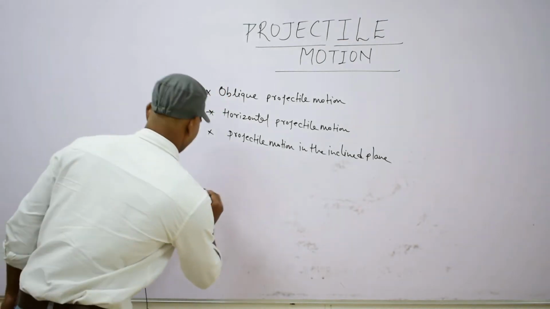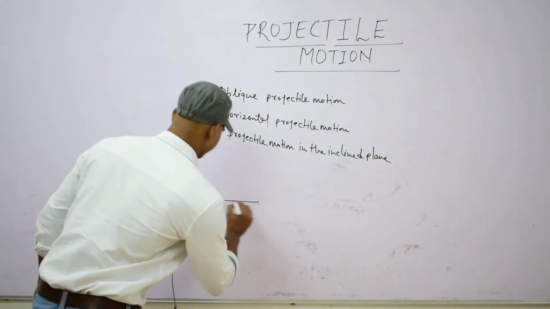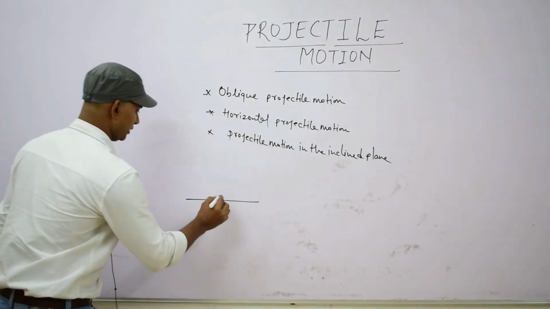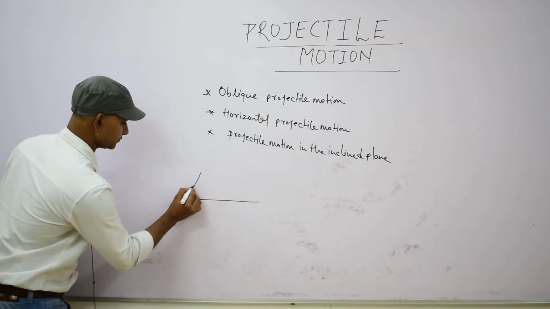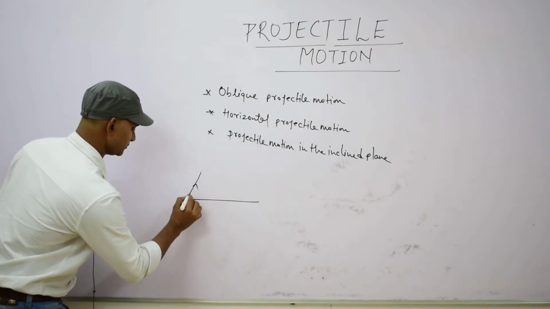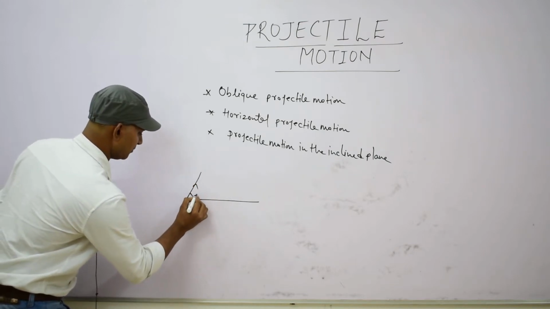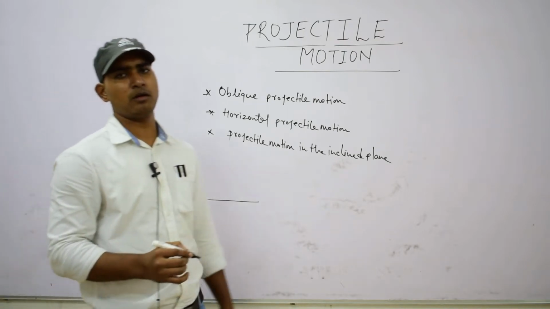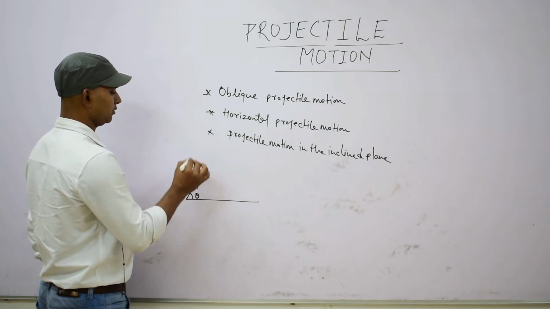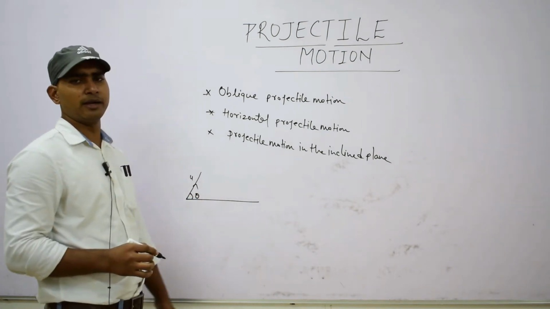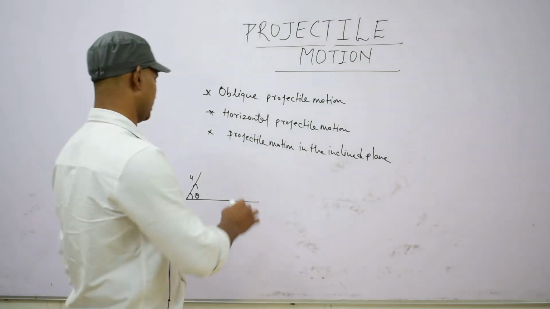Okay. So let's suppose any body is thrown upward with the initial velocity u, which is making an angle theta degree with respect to horizontal.